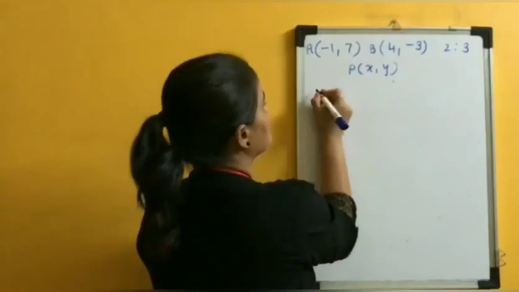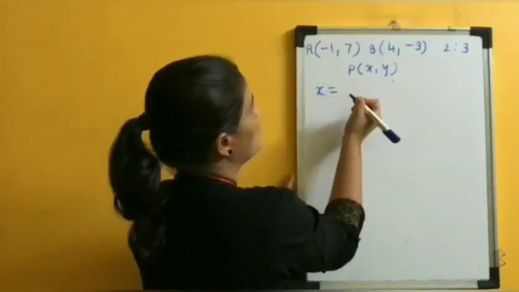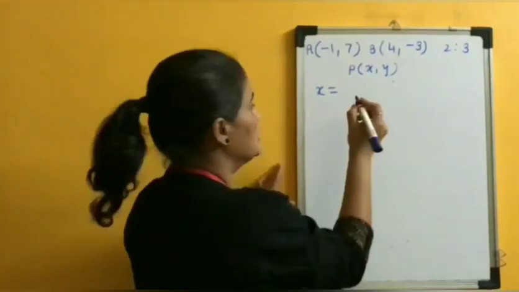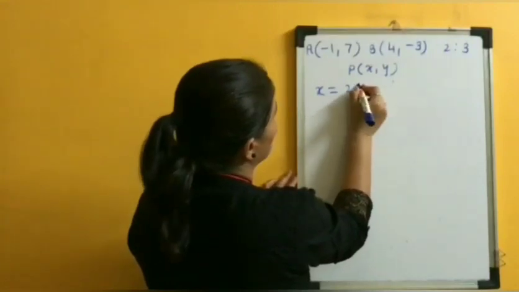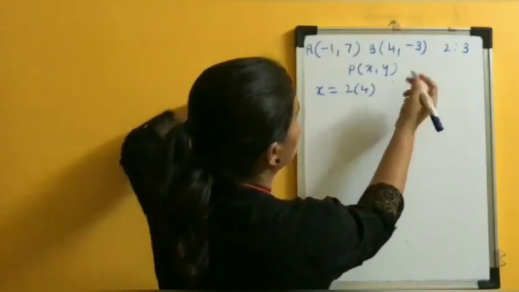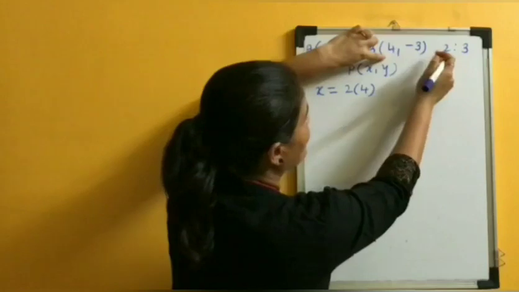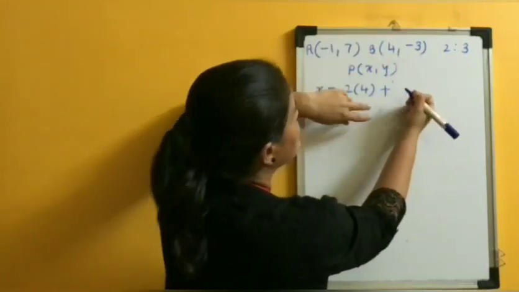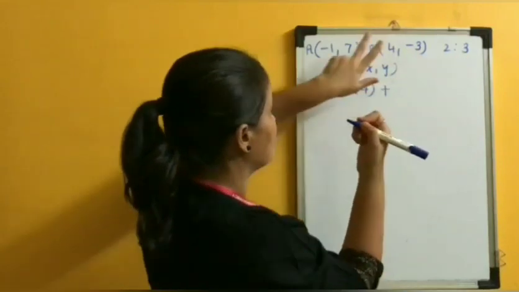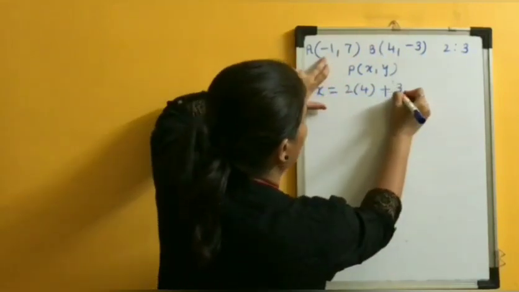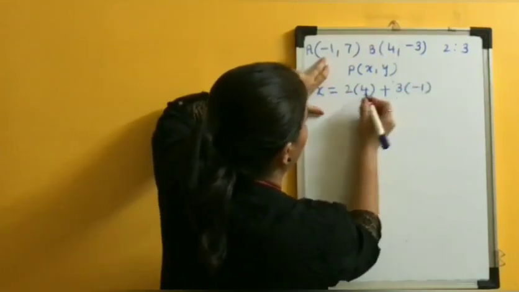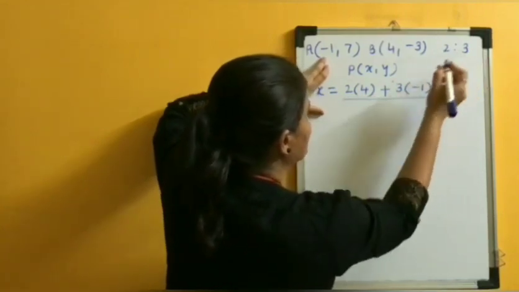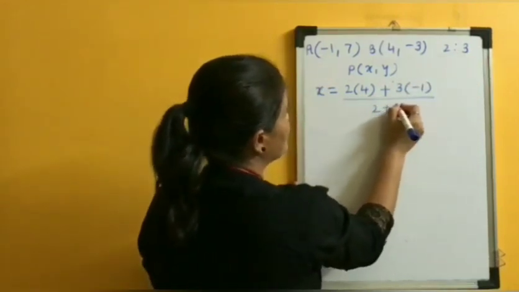So x and y are the coordinates and we have to find those x and y. Now what is x? Using the section formula, x will be (2 into 4), that is m1 and x2, plus m2 and x1, where m2 is 3 and x1 is -1, upon m1 plus m2, that means 2 plus 3.